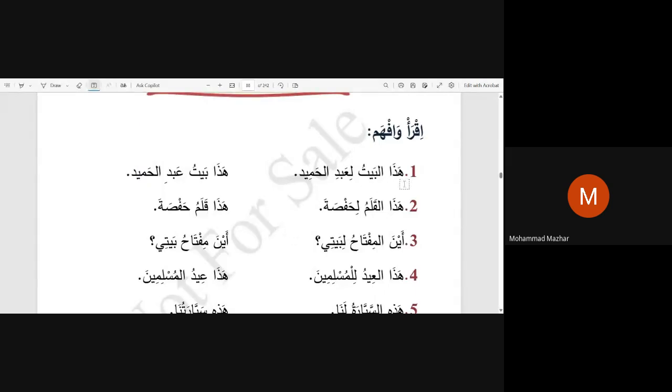Everything on the right shows possession with Lamul Mulk. From the benefits of mudaf mudaf ilayhi is possession. That's from its benefits, not the only thing. It's another way of conveying possession.